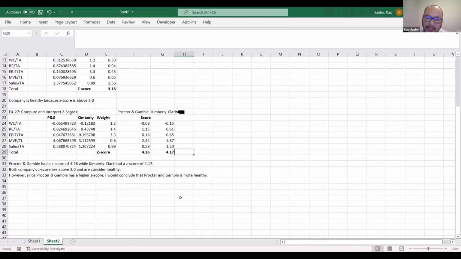Comparing the scores, I can see that Procter and Gamble had a Z-score of 4.26, and Kimberly-Clark had a score of 4.17, and they're both over the 3.0 threshold, so they're not going to default within a year. So based on the score, I would say that Procter and Gamble has a higher score, so they're healthier than Kimberly-Clark. All right, sounds good. Perfect. Thank you. Yeah, you're welcome.